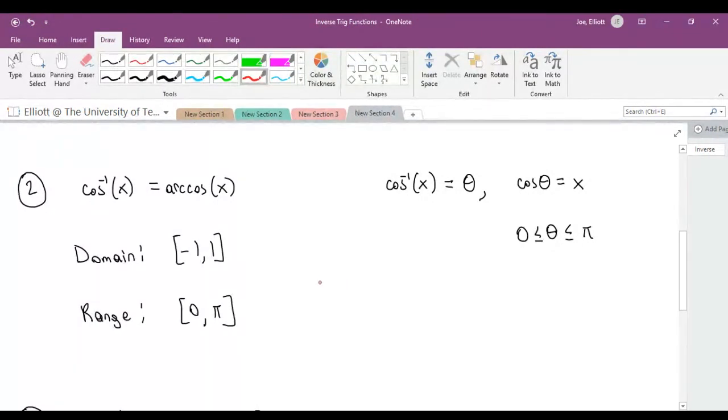If I were to give maybe a rough sketch of arc cosine, so arc cosine would look something like this, okay? So its domain is specifically minus 1 to 1.